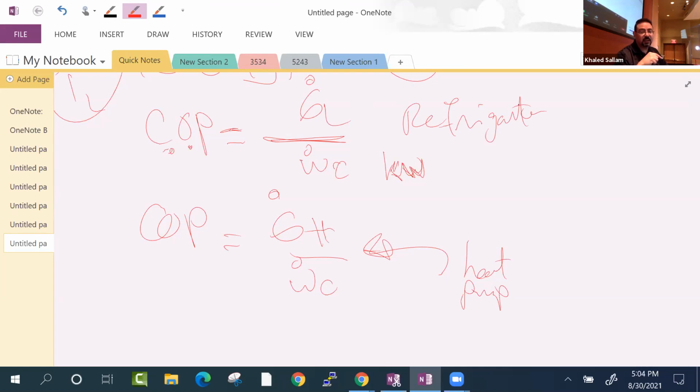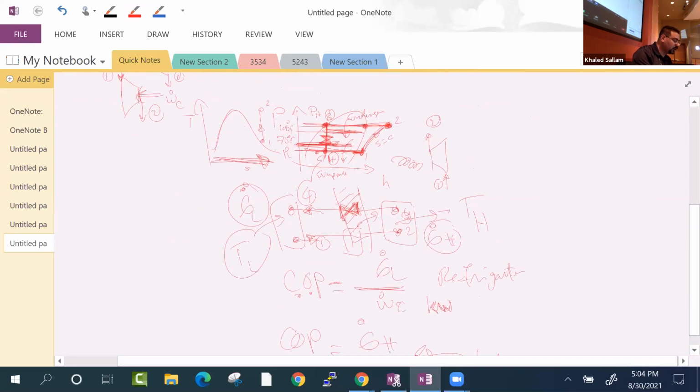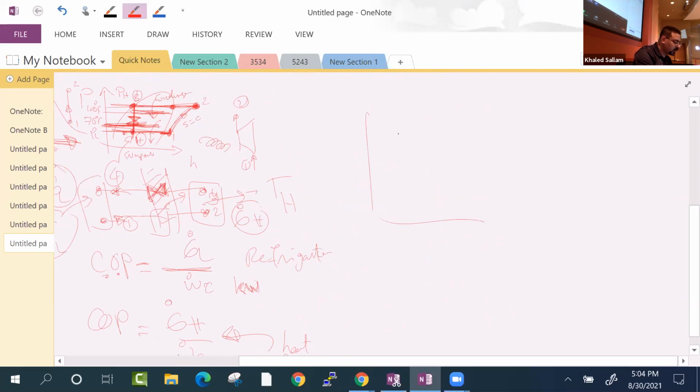And we will see in the cycle, it's done just by flipping the flow coming from the compressor. So if it's winter and we want the hot place to be inside, the exit of the compressor, 1, 2, 3, 4, that exit of the compressor needs to go to our house.